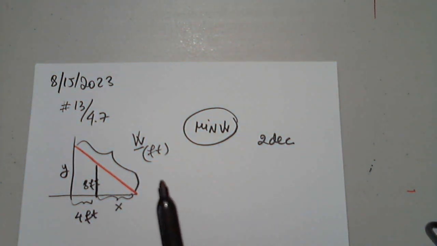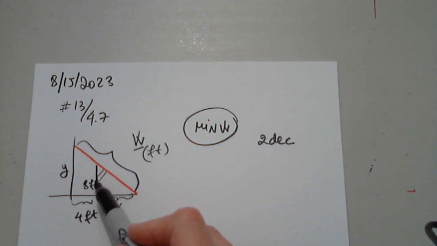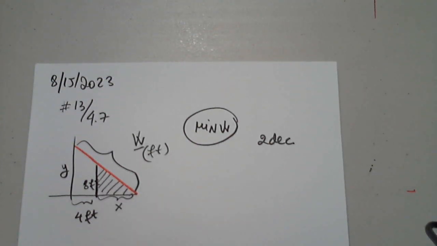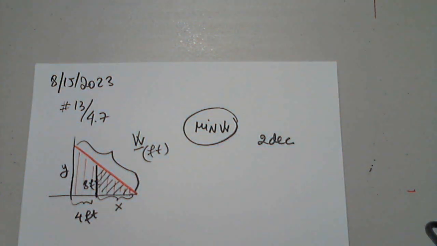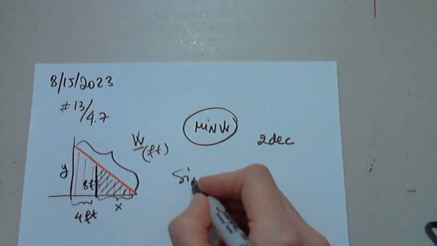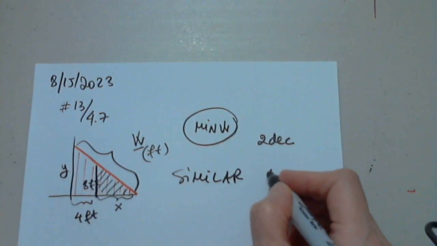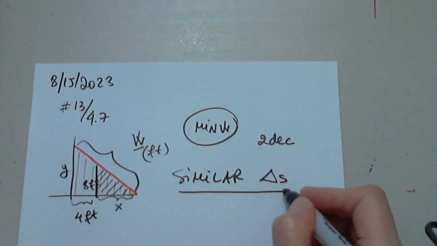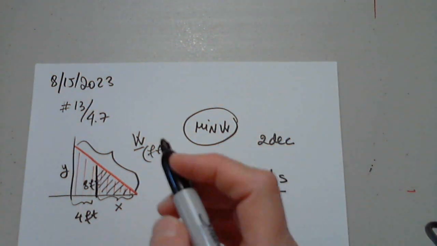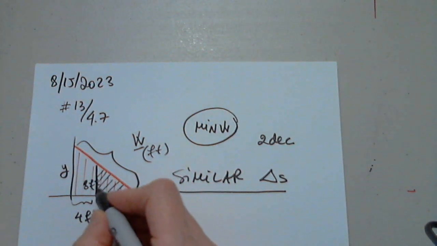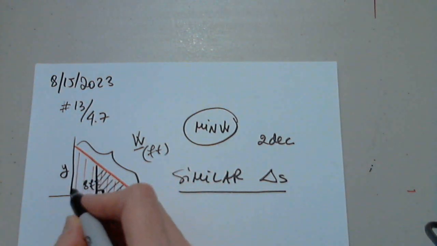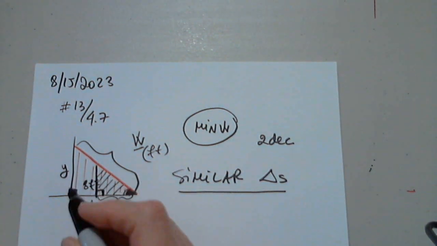Now, the first thing I see is 2 triangles, this triangle and this triangle. They are both right triangles, and they are similar. Why they're similar is because they have the same angle here, and the same angle here, a right angle.